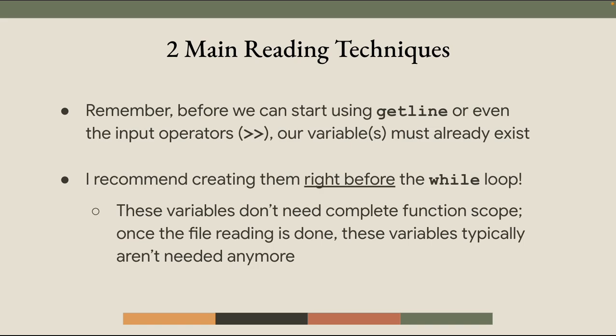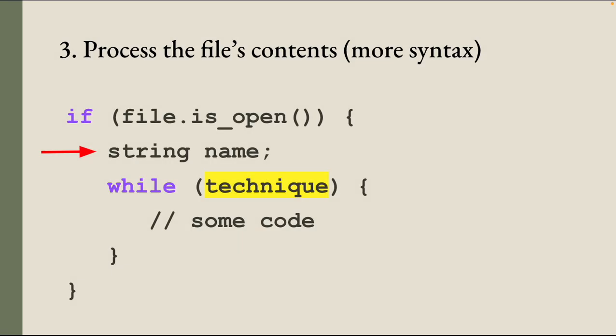I don't need these variables to have function scope, so I'm not gonna create them at the top of the function. I don't really need them outside of what I'm using them for, which is just reading from a file and printing the values out, or sending those values to an output file. So I only need them while I'm working with the file, which is inside of the if statement. Between the if statement and the while loop is where I would create my variables so I can use them in my while loop.